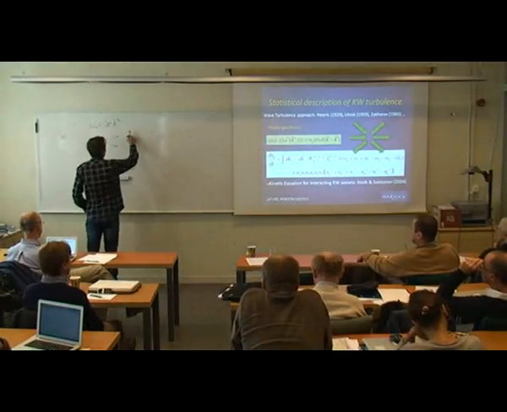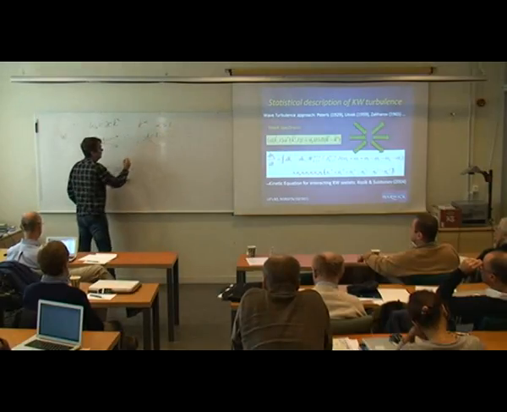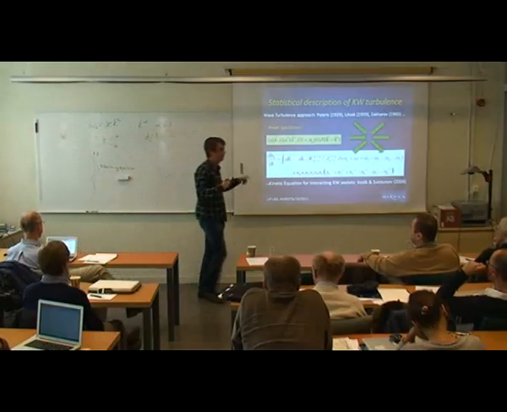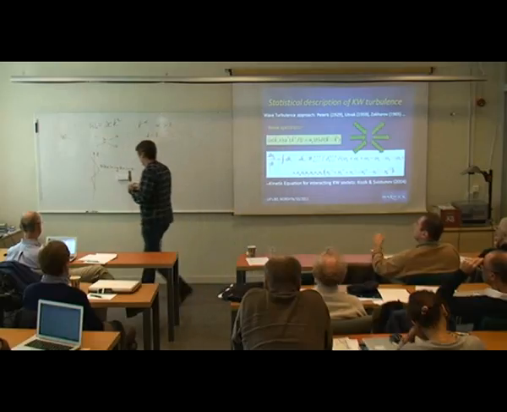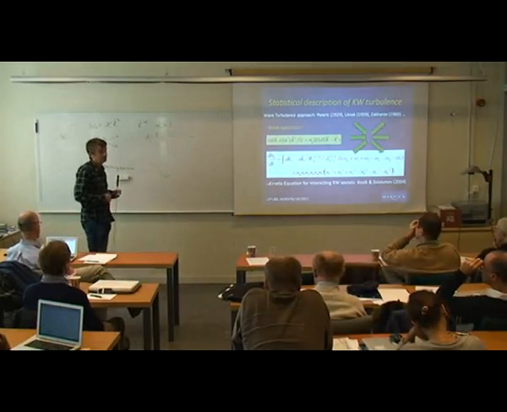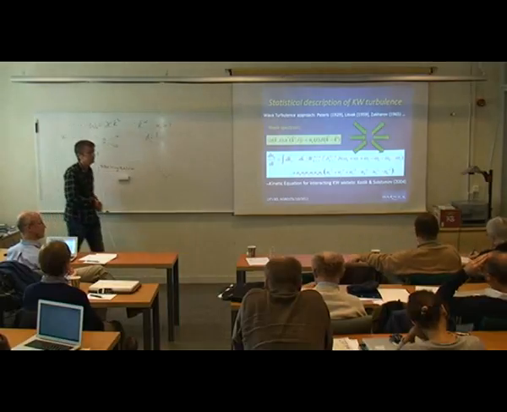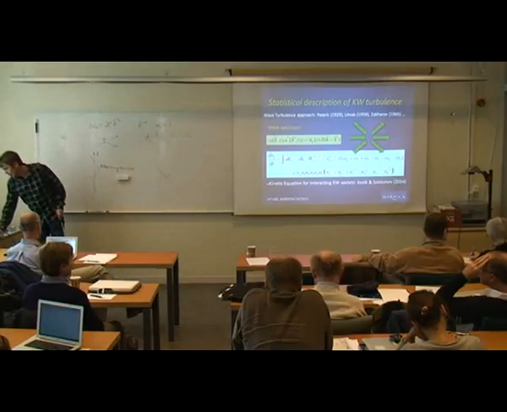In fact, for any k to the alpha with alpha greater than 0, when dimension is 1, 4-wave interactions are absent because resonant conditions cannot be satisfied. So the 6-wave is the leading process that appears.